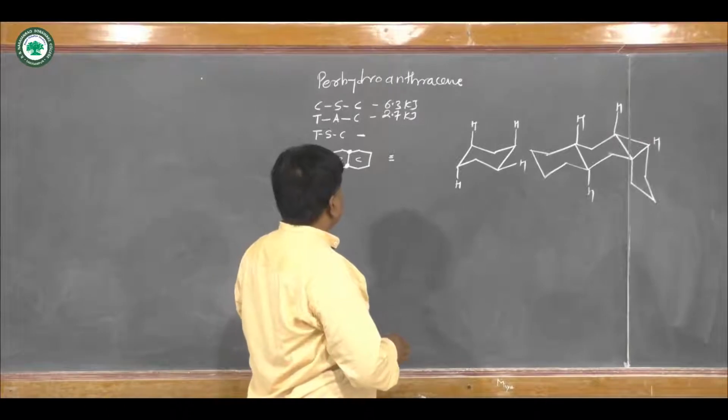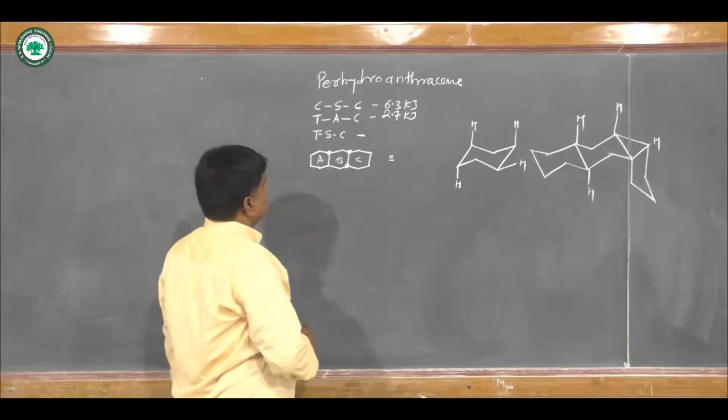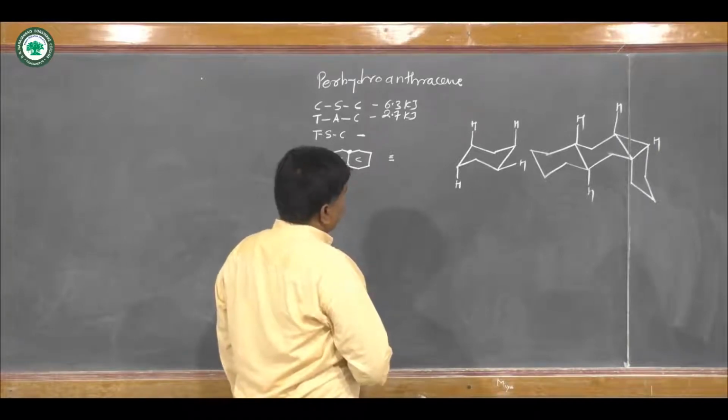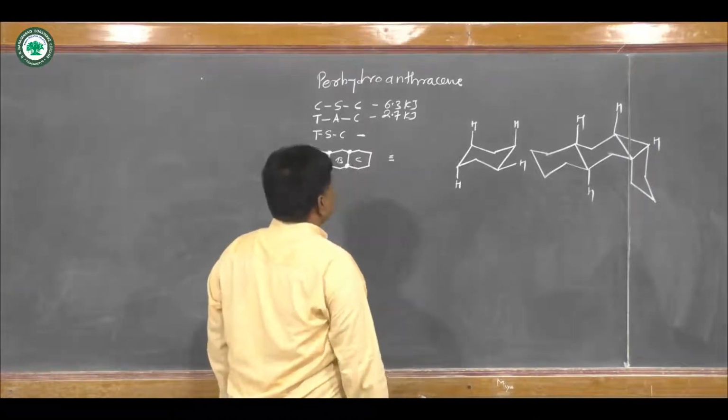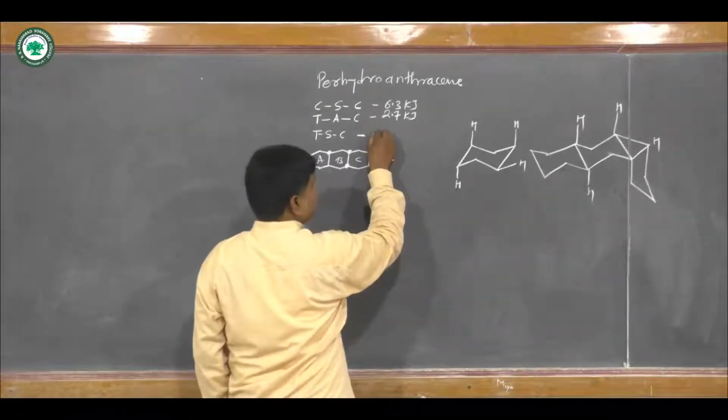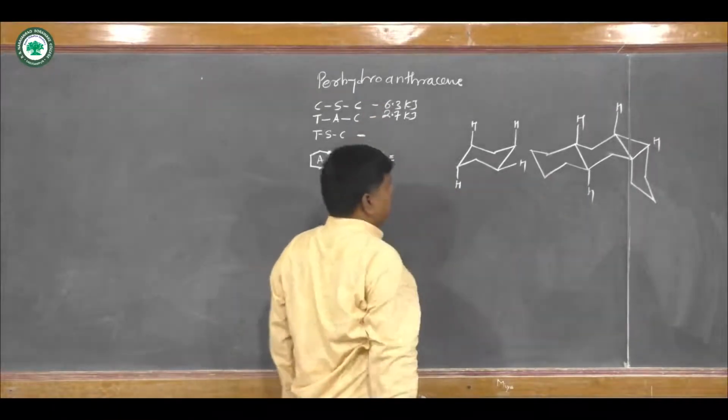Then trans anti cis. How do we write that structure? For trans syn cis, the calculated energy is near about 2.7. Why?